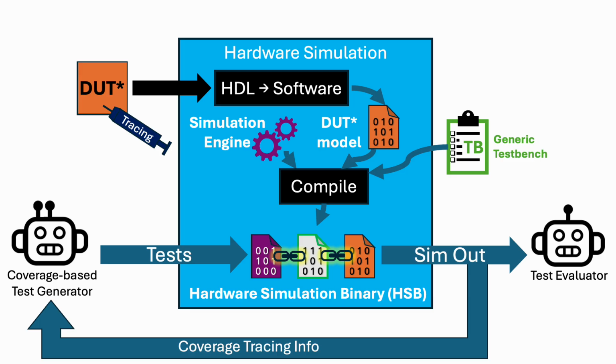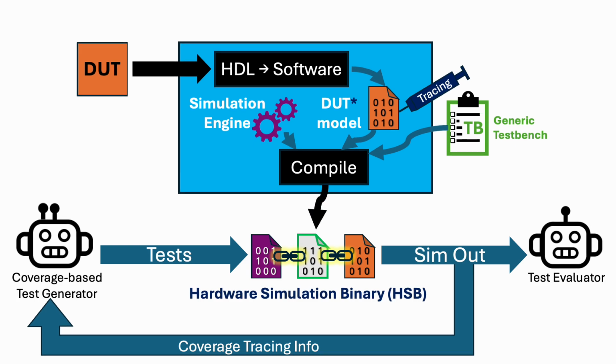On top of this, their idea is also to move where we're injecting the tracing. So you can see instead of actually touching the design under test, we're injecting the coverage tracing instrumentation into the actual software model itself. And this way you make the load on the designer as small as possible, because they just need to provide their unchanged design under test.